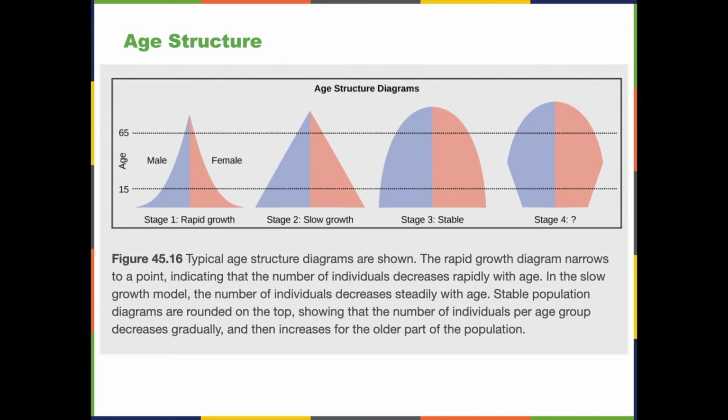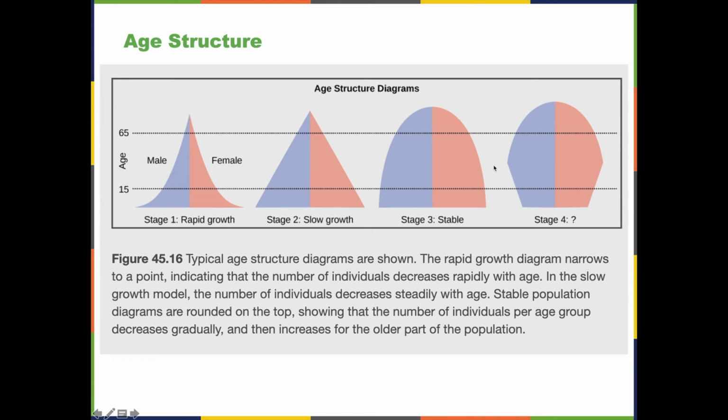Another tool that scientists use is age structure. And age structure, again, divides the population into various different ages. And this shows the total population in terms of a graphic. Another thing that is done when building an age structure is dividing the population into male and female.